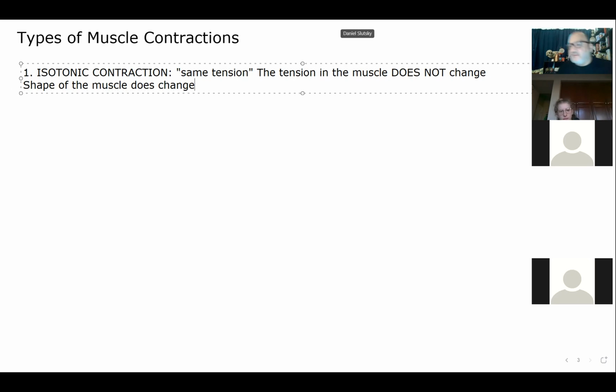So again, as I am flexing my elbow to move that pen, the weight of the pen, the force of the load, that's basically what that is, doesn't change, so the amount of force I have to produce does not change as well. However, as I do it, the shape of the muscle does change. So the muscle changes length. And really, I guess that's probably a better way to say it. The length of the muscle does change.